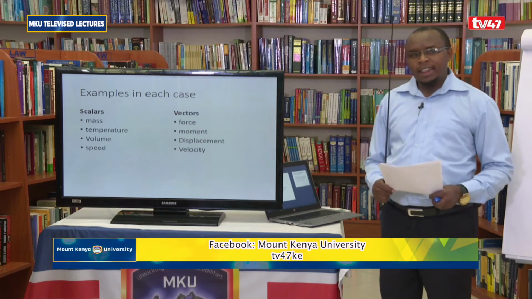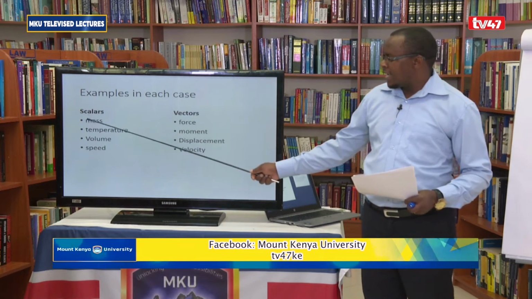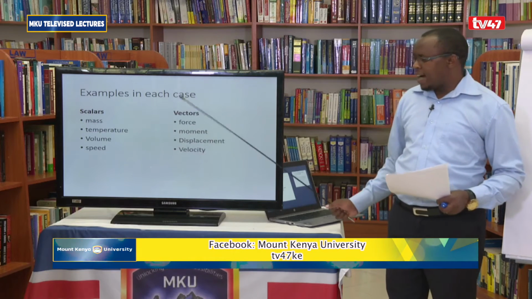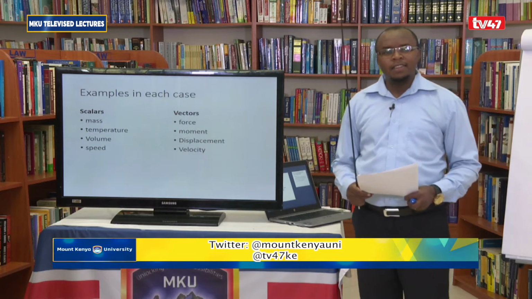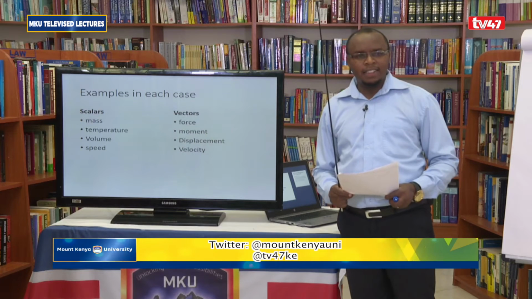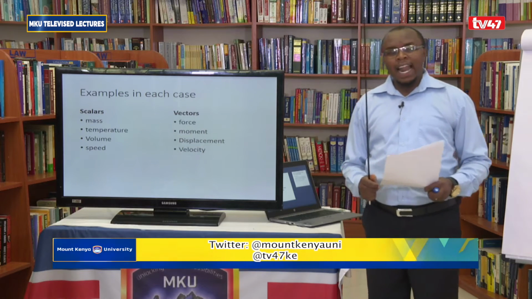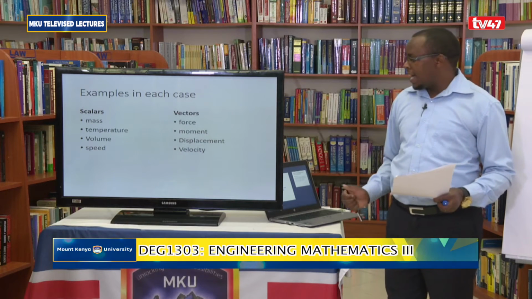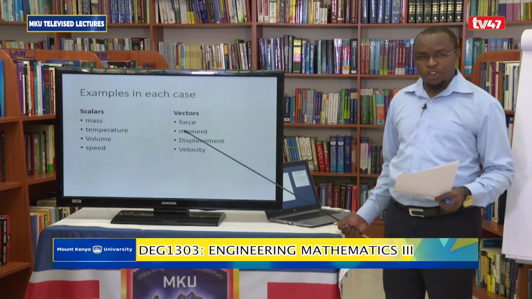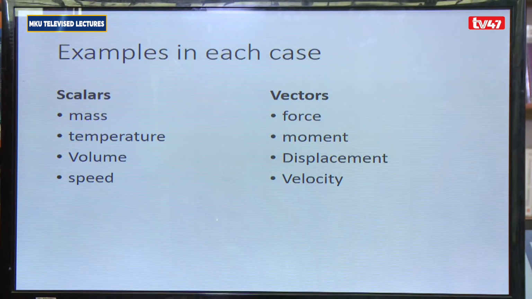That is a scalar quantity. But if I say that I am moving at 40 kilometers per hour east, then there is an aspect of magnitude and an aspect of direction. And that is a vector quantity. Therefore, if someone wants to find where I am, after a given amount of time, they will be able to find me.